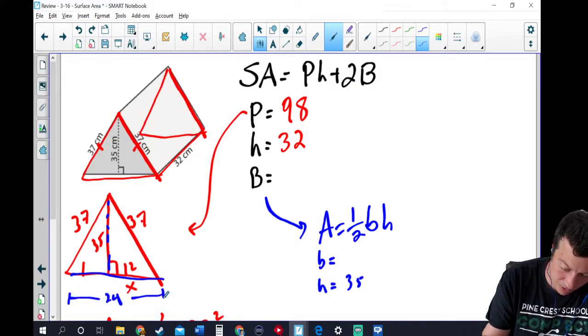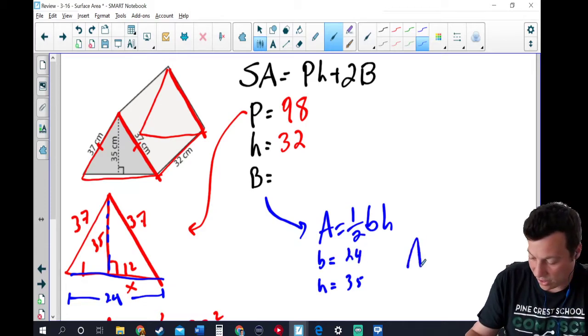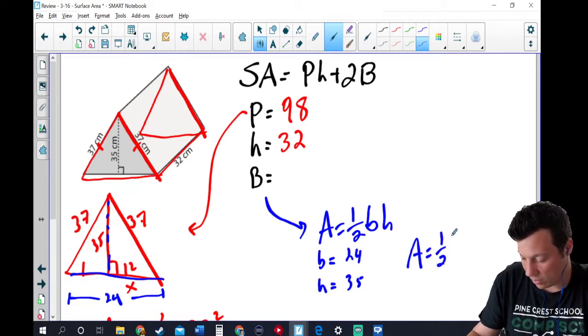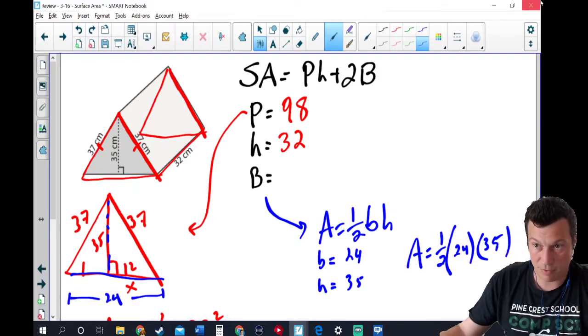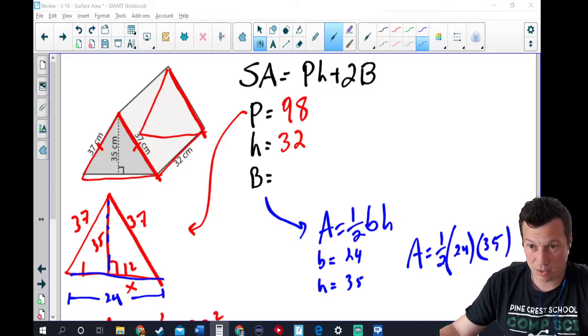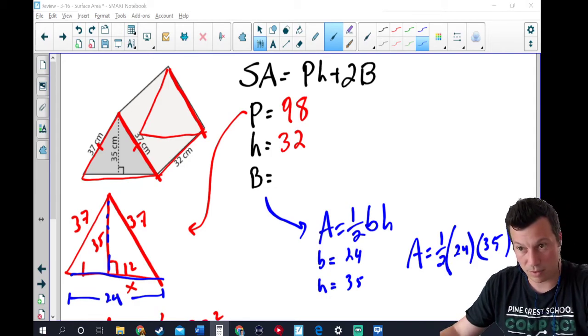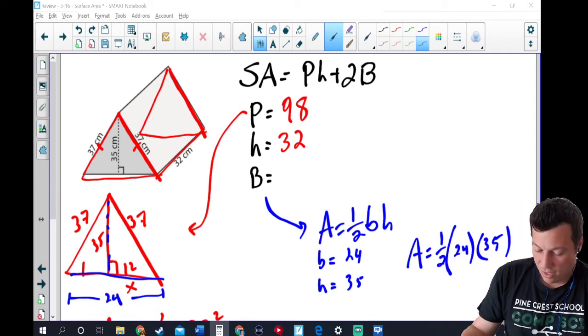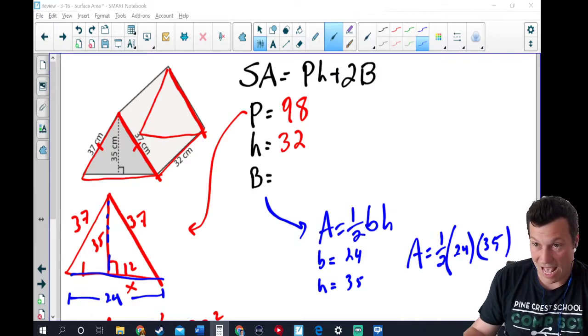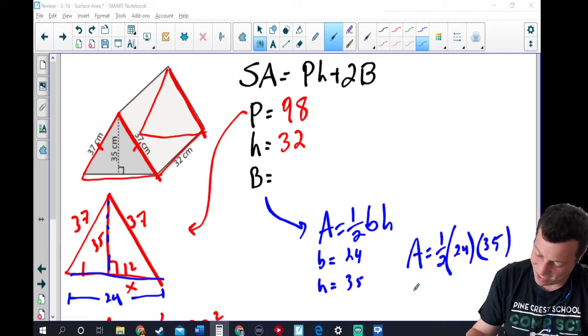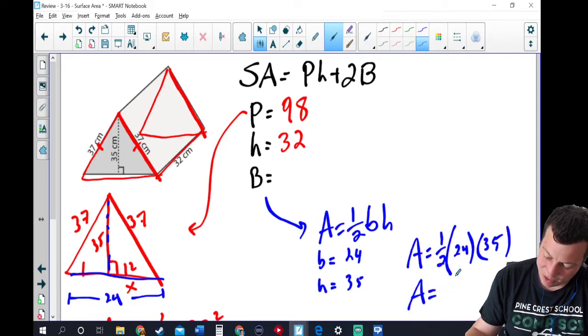So I can plug those in. 1/2 times 24 times 35, so 12 times 35 is what we are looking at. The area of this base is 420.